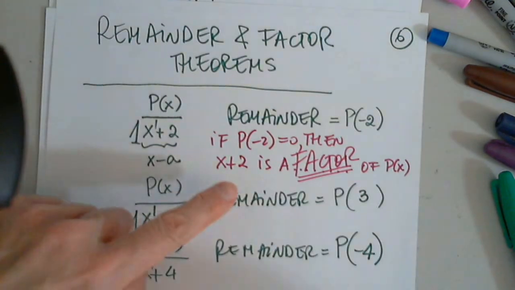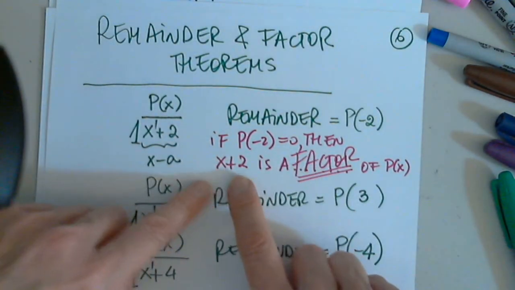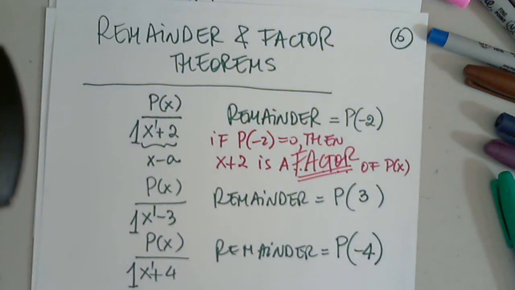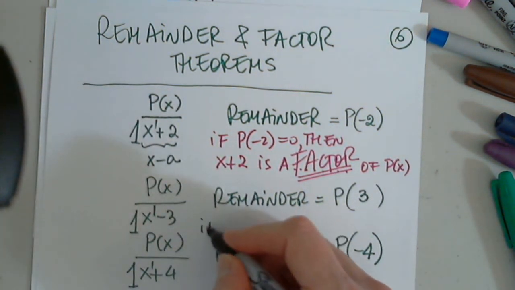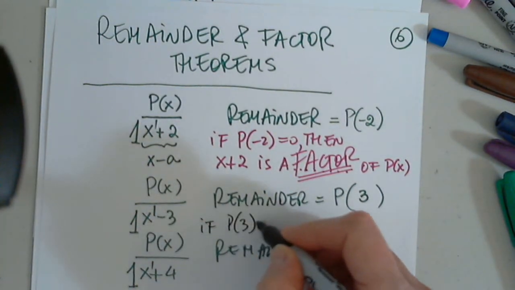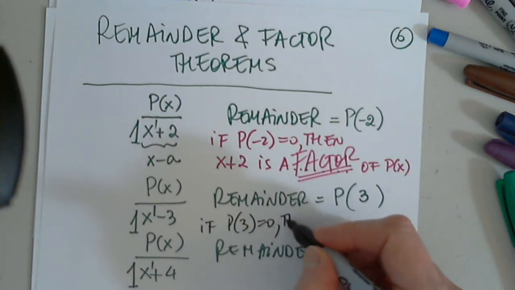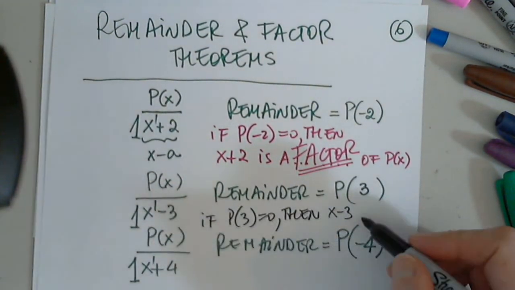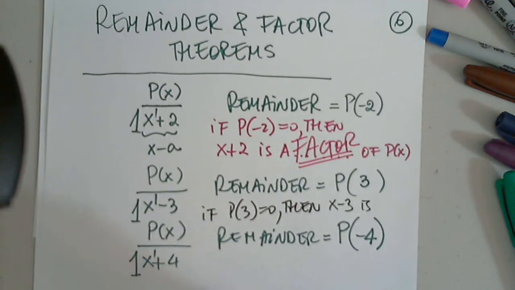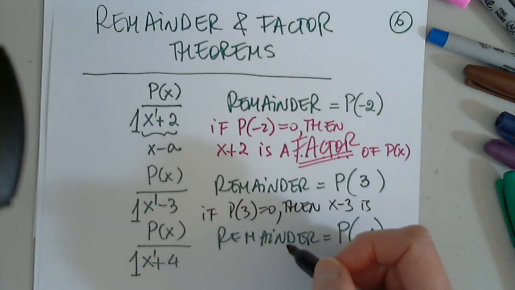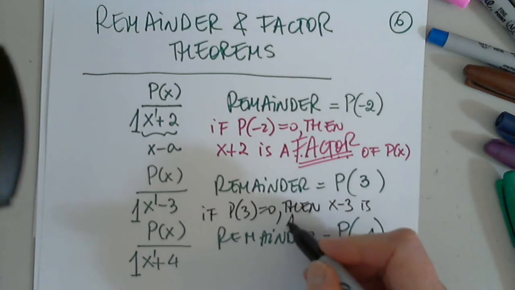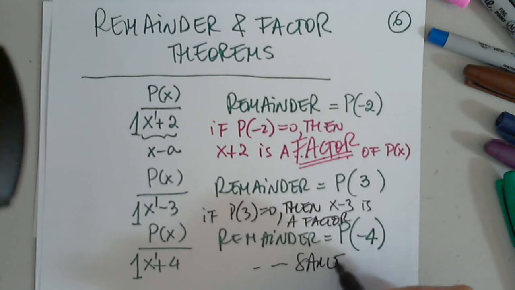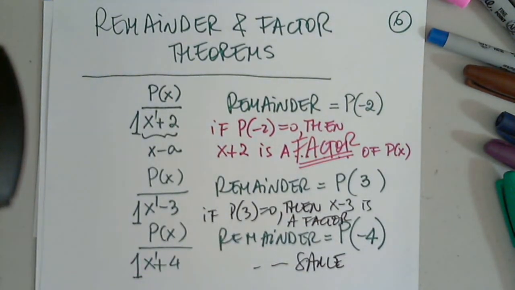So if the remainder is 0, then this is a factor of p of x. The same thing here. If p of 3 is 0, then x minus 3 is what for p of x? Factor. Very good. And so on and so forth. Same thing here. X plus 4 will be a factor of p of x.